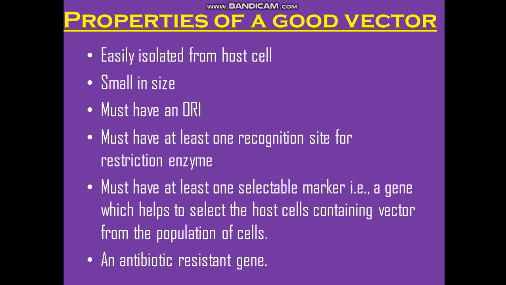So this will ultimately make us understand that when we have treated with a particular antibiotic, all the non-transformed cells, that is all the cells that did not accept the vector, are dying. What we are left with are only the transformed cells. Transformed cells are the host cells which have the vector along with the DNA insert present.